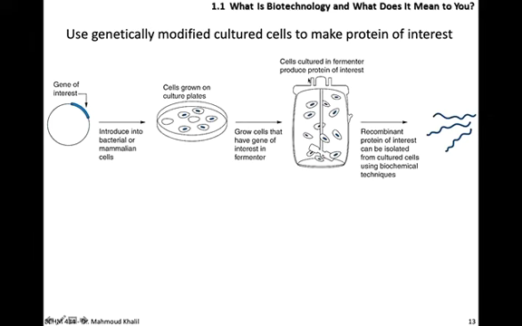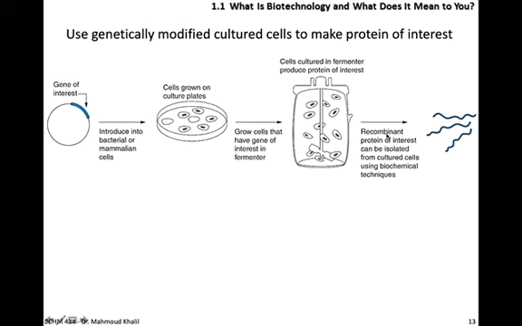And these cells, either mammalian or bacteria, eukaryotic or prokaryotic, start to grow and divide and express the protein encoded by the gene of your interest. And then, once this protein is expressed, you can isolate it. You can extract this protein. In these cases, we can't just call it protein.